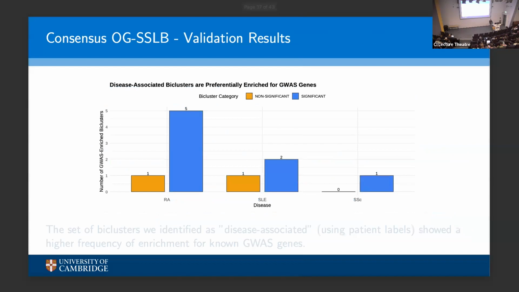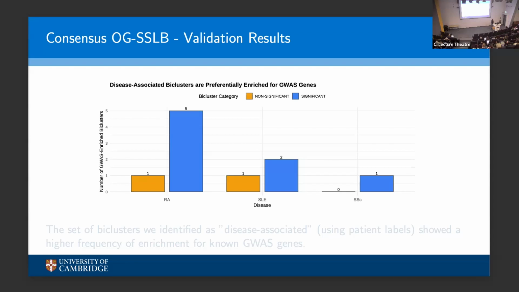And these are the results. We just do enrichment analysis, in a few words, and we found that the biclusters that were labeled as significant were highly associated with the genes that we got from this external data, compared to the ones that we labeled as not significant. 5 versus 1 from rheumatoid arthritis, 2 versus 1 from SLE, and 1 versus 0 from systemic sclerosis.